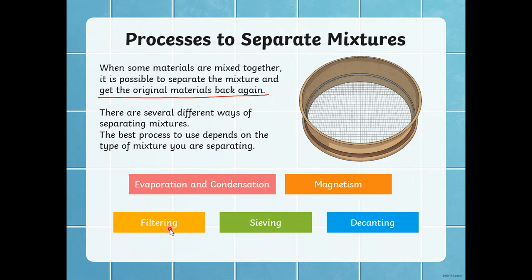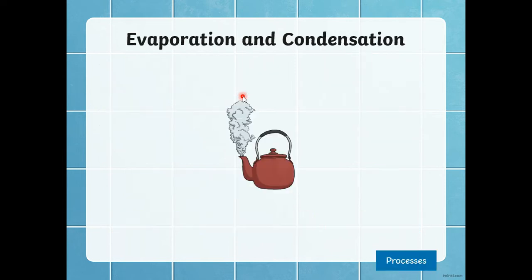Number three is filtering. Number four is sieving. And number five is decanting. Again, these processes are going to help us to get the original materials back again. And we're going to have to use some discernment in understanding which one is best to use at that particular time. Okay, so let's begin with evaporation and condensation.